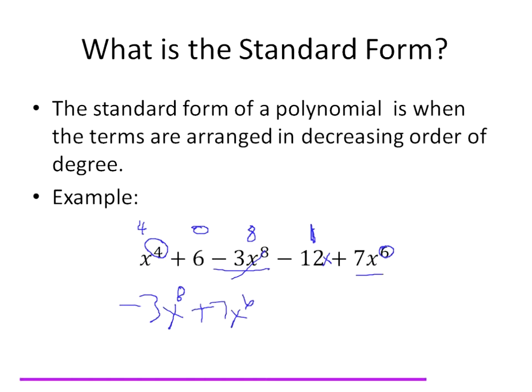Then after that is x to the 4th, and it's a positive x to the 4th because if there's no sign it means positive. And then after that we go to our 12x, so it's minus 12x, and then plus 6. And now it's in standard form because the degrees of our polynomial are going from greatest to least.